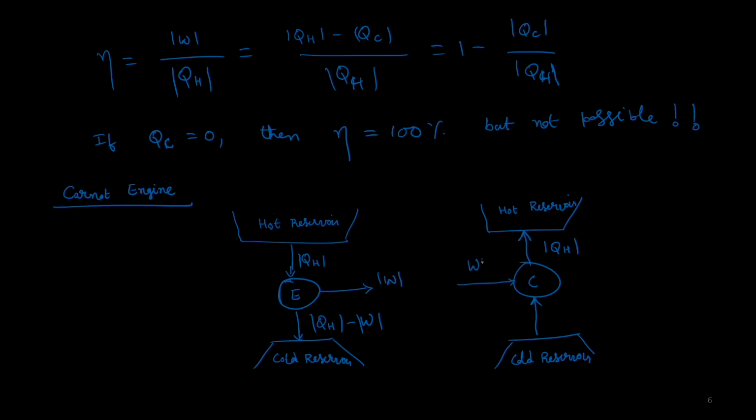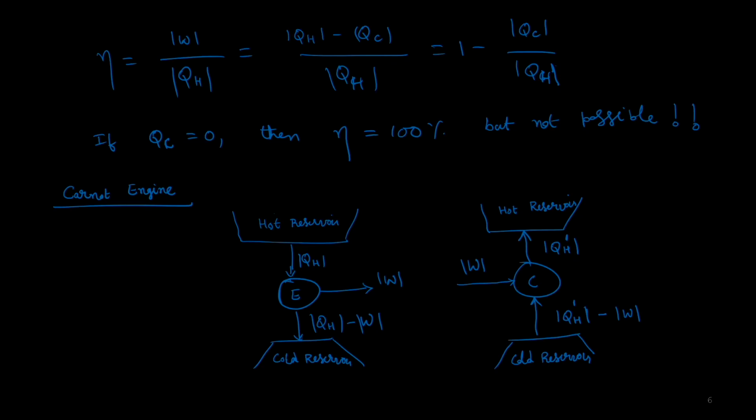So let's say it needs a work of W again, and we can make these quantities different. This is QH prime, and by virtue of the first law, for a refrigerator, this will be QH prime minus W. So you add these two quantities, it will be QH. So this is how it looks. This is a Carnot refrigerator.